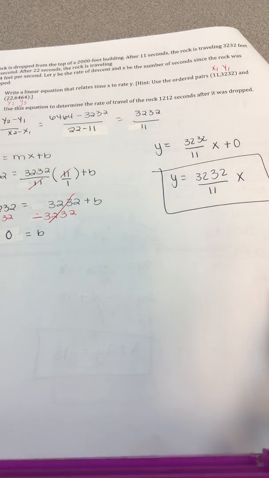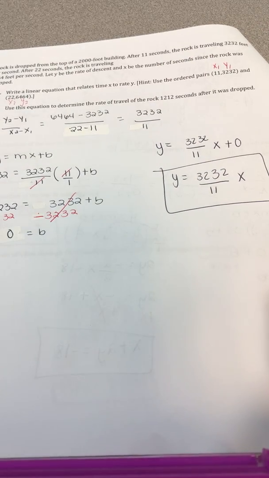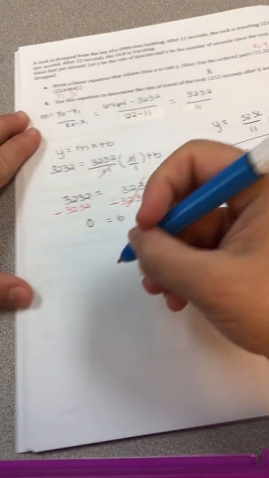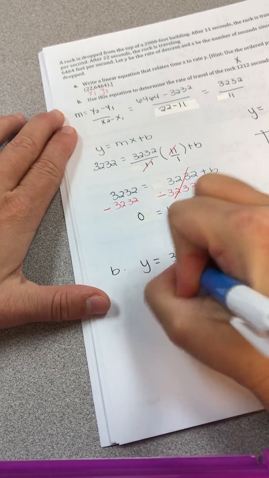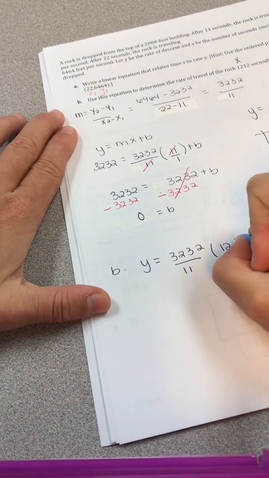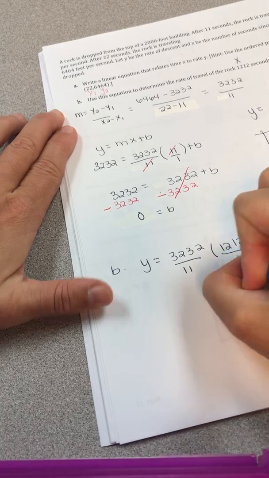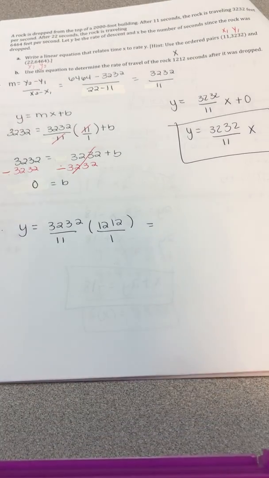Letter B says use this equation to determine the rate of travel, so determining y, of the rock 1,212 seconds after it was dropped. So this gives us our x value. So we're plugging that value in for x. We're plugging in 1212. Remember, it's like 1212 over 1, so I can multiply straight across.